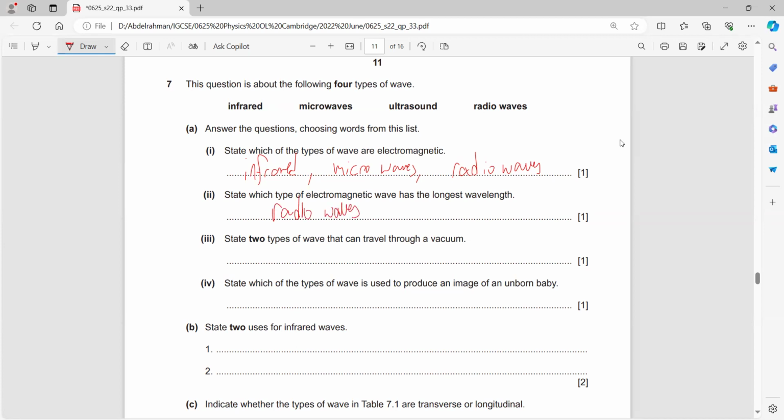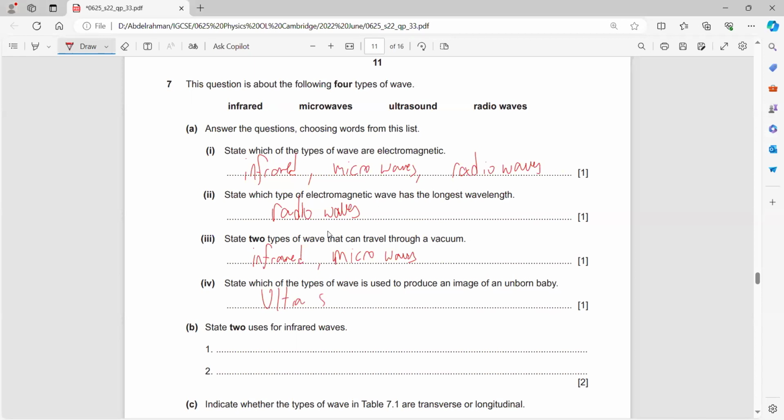State two types of waves that can travel through a vacuum. Infrared and microwaves. Okay. Can someone say infrared and radio waves? Right. Again, you just need to write down. Okay. State which of these types is used to produce an image of an unborn baby. Ultrasound. Bravo, bravo, bravo.